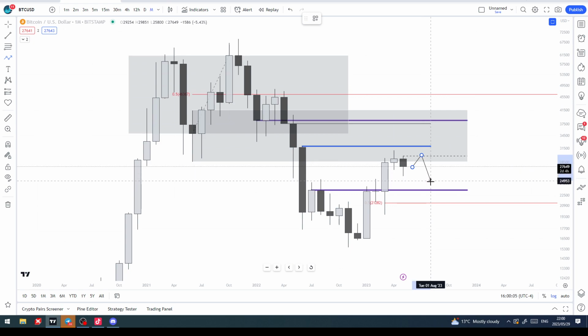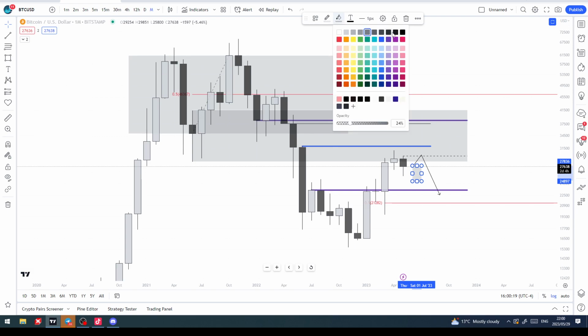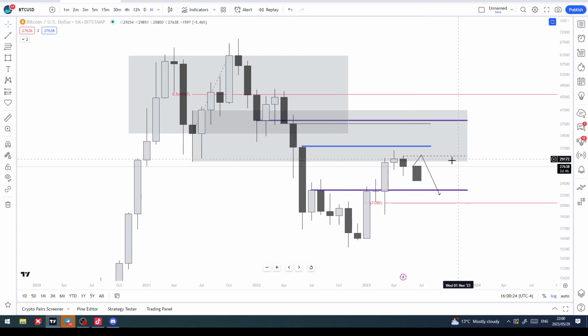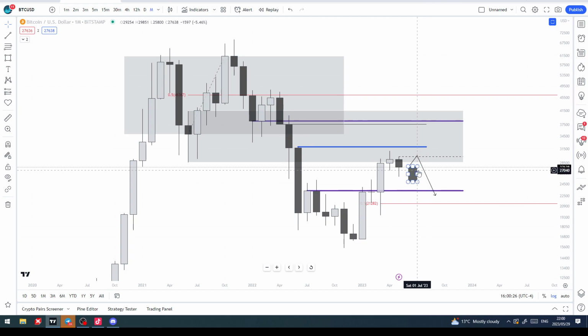The next 2 months you start to see them print a down candle here, and then all of these would become down candles. Let me see if I can draw that in. Something like that, right? You get the idea?